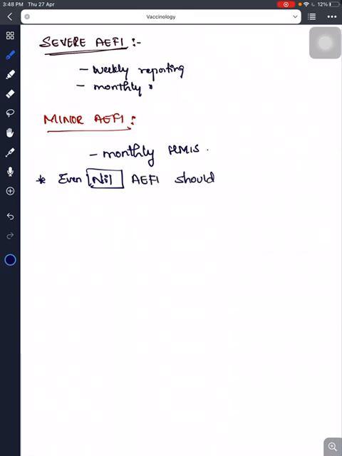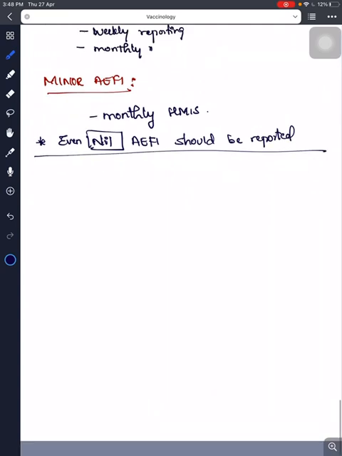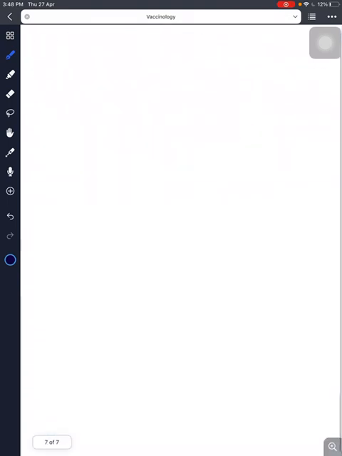Okay, in the monthly reporting system, even if it is nil, it should be mentioned. So even for minor AEFI, even the nil AEFI should be reported. Okay, we'll see the flow chart now.